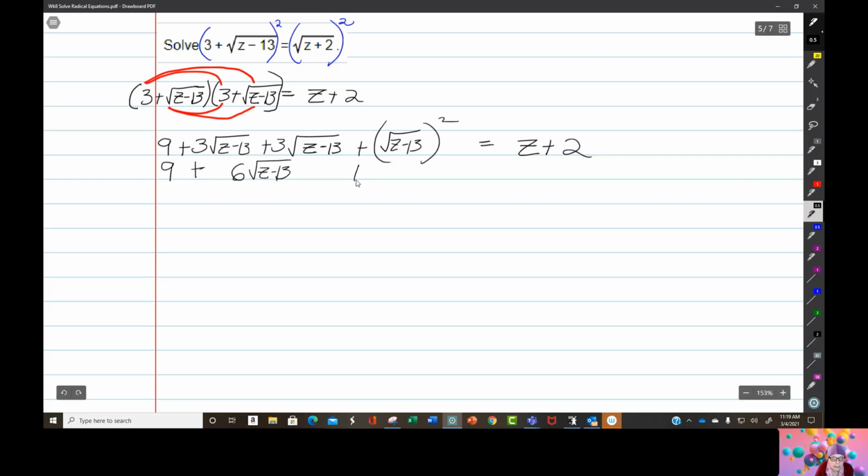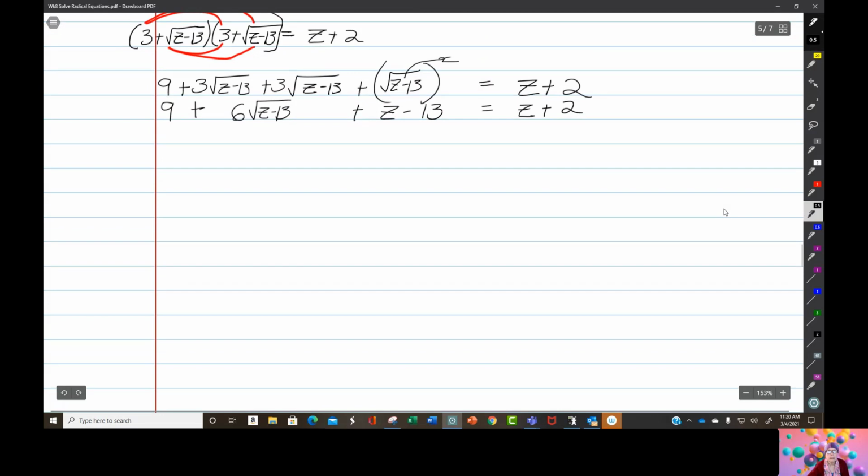And then plus, here we have again that case where you've got one square root here being squared, so the square will blow up the square root, leaving you with z minus 13. And over here on the right, we still have z plus 2 waiting to play, but not yet.